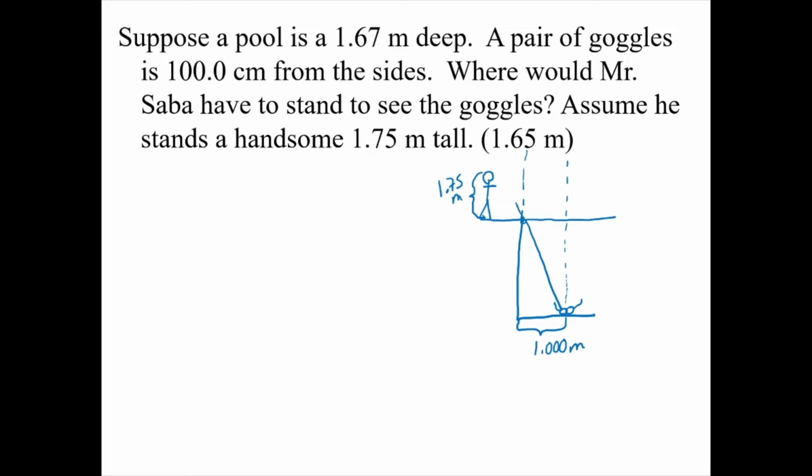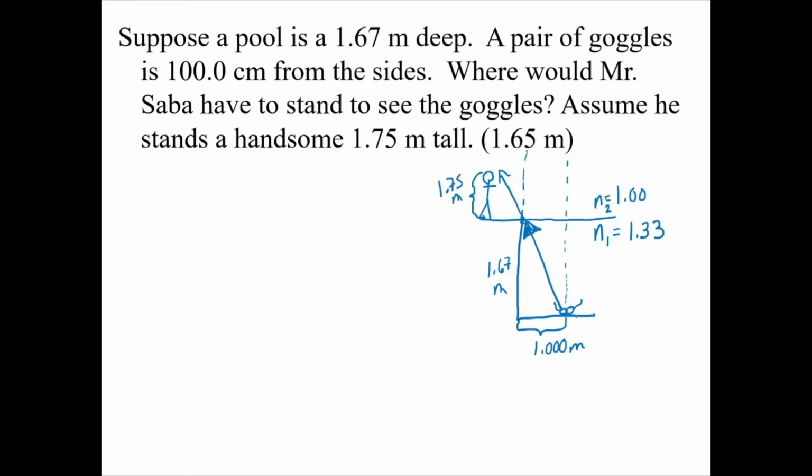And in fact, it's going to bend outward because air is 1. So we'll call this N2. Now, why is it N2? Because the light has to leave and get bounced off the goggles. And then N1 is 1.33. And the pool is 1.67 meters deep.